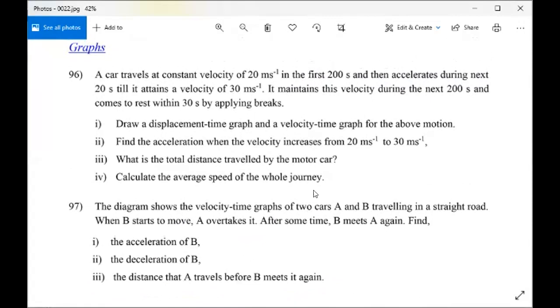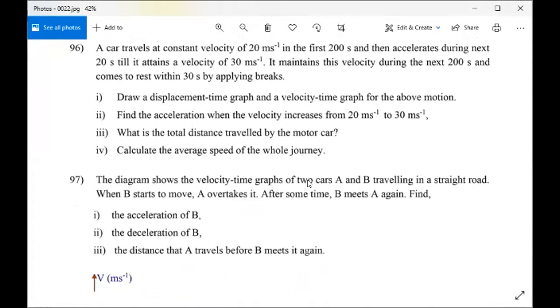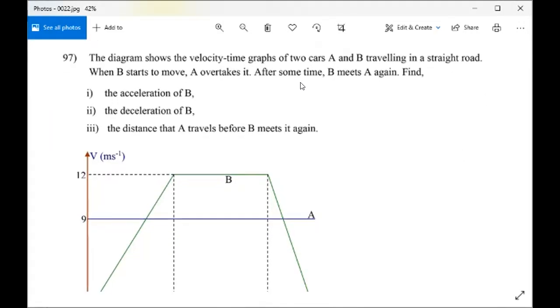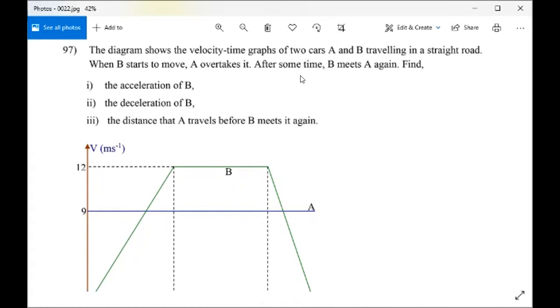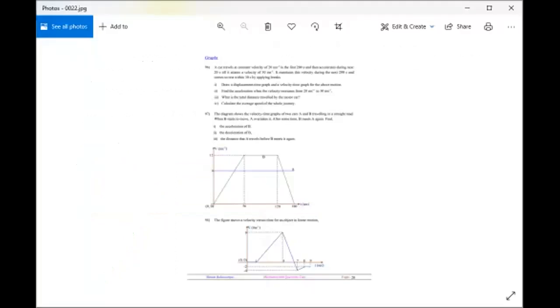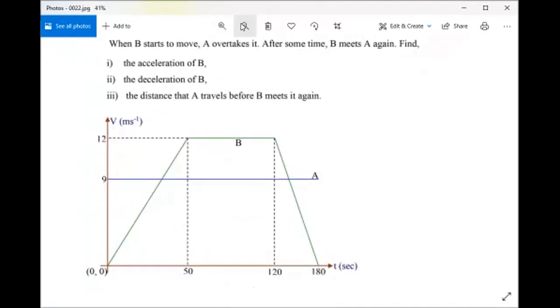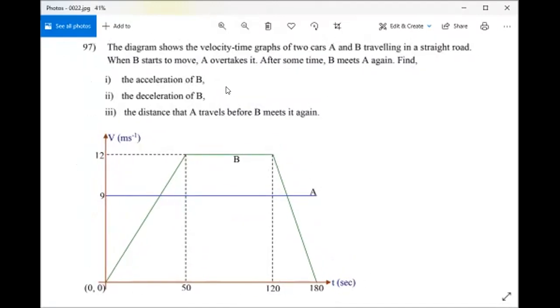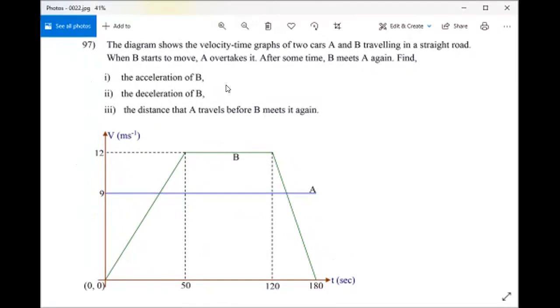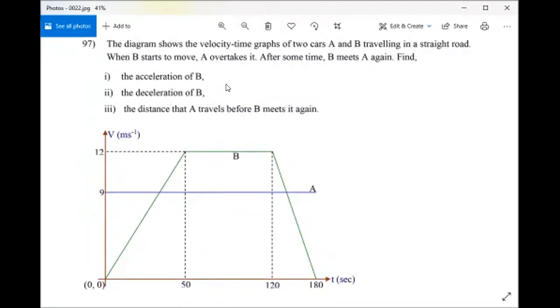Right. So 96 we have completed. Let's try for 97. I want to confirm whether you are able to see the question properly. Therefore, can somebody unmute the mic and read the question?